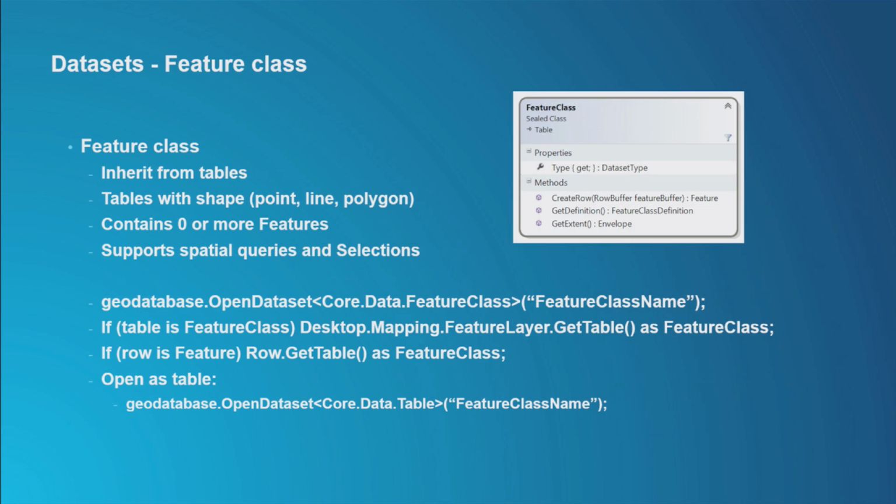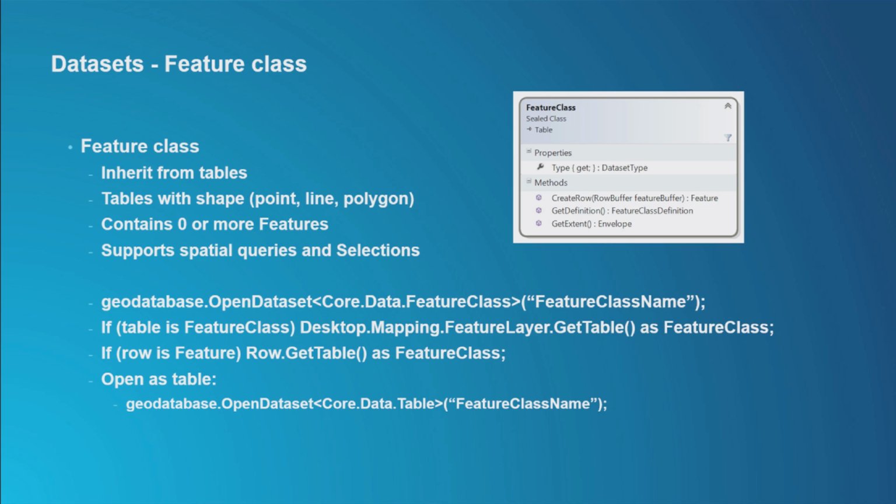Tables are inherited from by feature classes, right? Feature classes are basically tables with shapes, and they also support spatial queries or spatial selections, right? In a very similar fashion, you can ask the data store to open data set of type feature class and open a feature class.